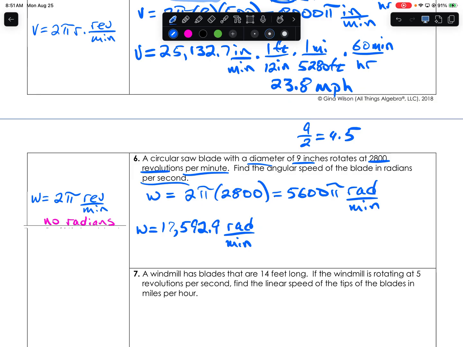Because it's easier to do the conversions if you write your fraction bar horizontally. And then what goes on top of this fraction? 1 minute. And what goes on the bottom? 60 seconds. Okay, and then we have it in radians per second like they asked us to. So that is 293.2.